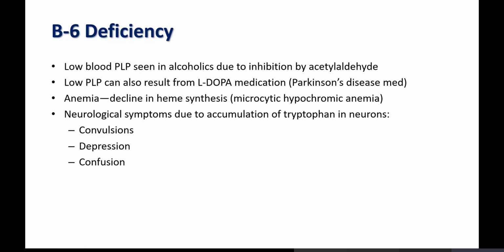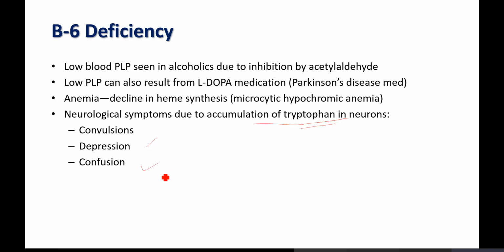So pyridoxine deficiency is associated with, again, a lot of neurological symptoms due to accumulation of tryptophan. I already explained this. Accumulation of the tryptophan causes neurological symptoms such as depression, confusion, nervousness, mental confusion, and convulsions.